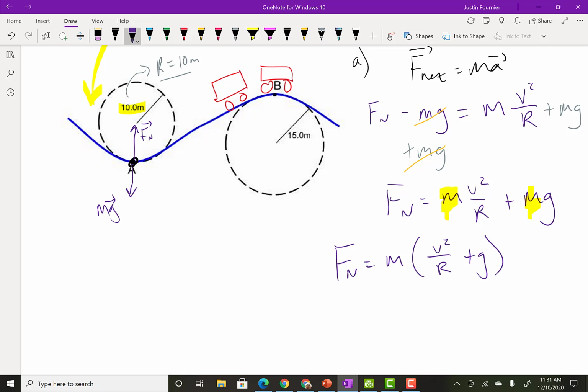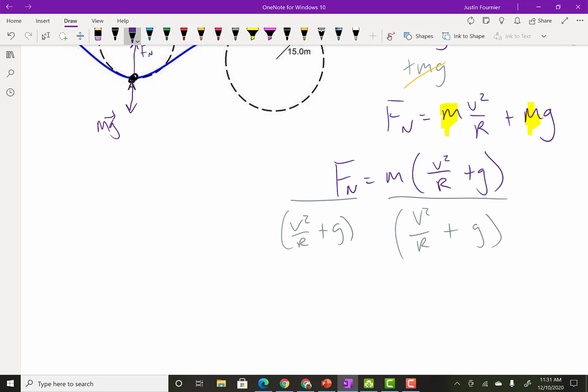Now lastly, I'm just going to divide everything by v squared over r plus g. I'll divide by v squared over r plus g, and then over here, I'll divide by v squared over r plus g. So I now have the normal force divided by (v squared over r plus g) is equal to m.